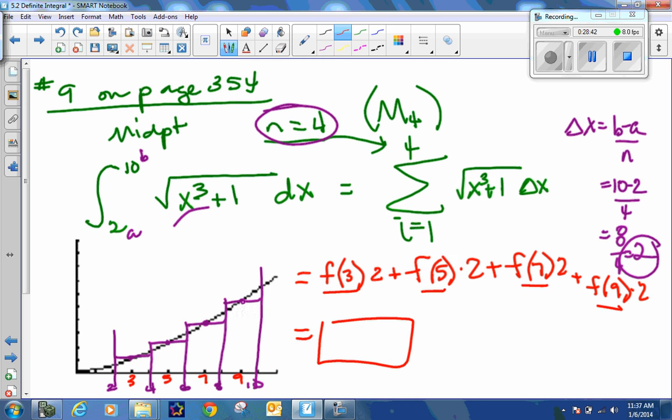Remember, the total area would include this extra part and exclude this part, so it looks like we're going to be pretty close to the actual. We don't have any way of finding the actual at this moment, but we're doing the integral in terms of a Riemann sum. So that's how you do number 9.